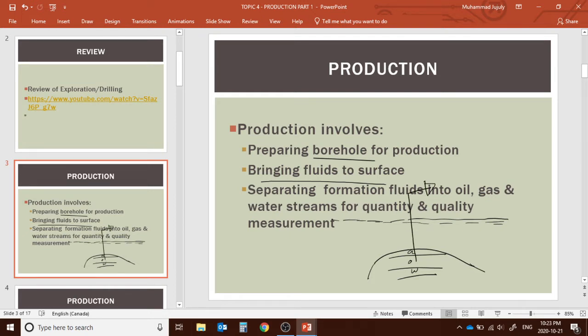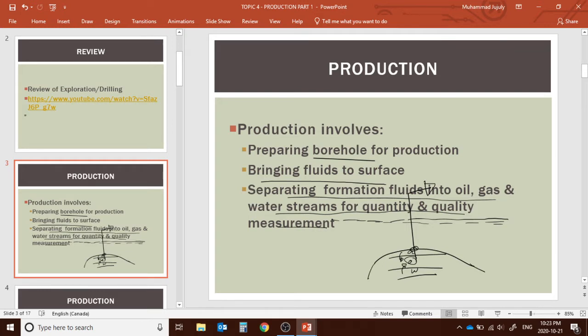By creating this borehole, the hole in here, and separating formation fluids into oil, gas, and water streams for quantity and quality measurement. That means the oil we get from here may have some gas mixed in, and water could mix in the oil too.